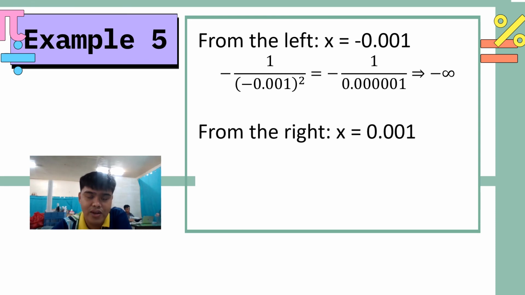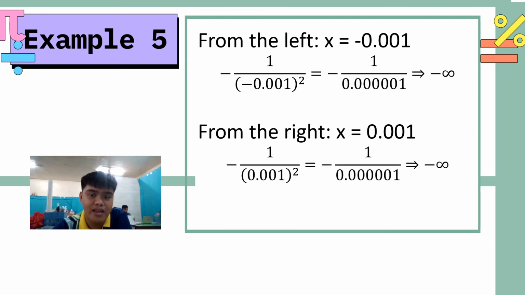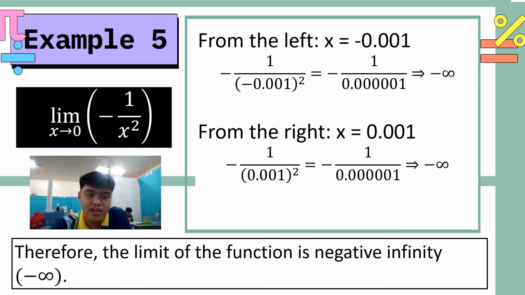And from the right, when x is equal to 0.001, we're approaching 0 from the right, it will result again to negative 1 over 0.000001, which tends to negative infinity. Now, since both of the limits are negative, that means they converge into one negative infinity limit. So therefore, the limit of the function is negative infinity.